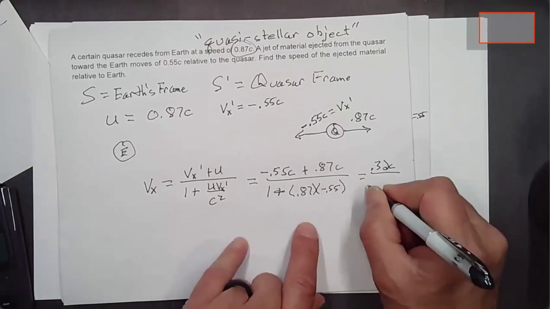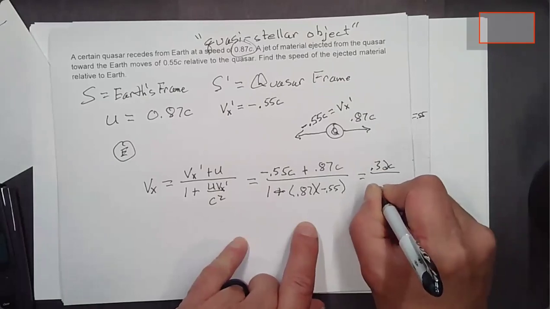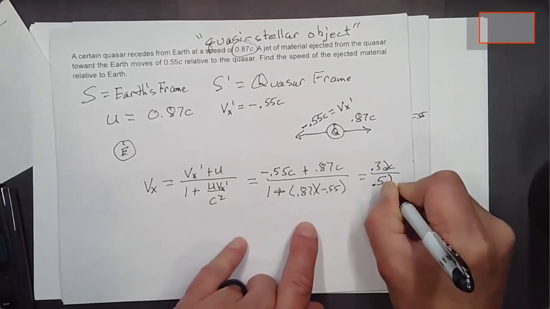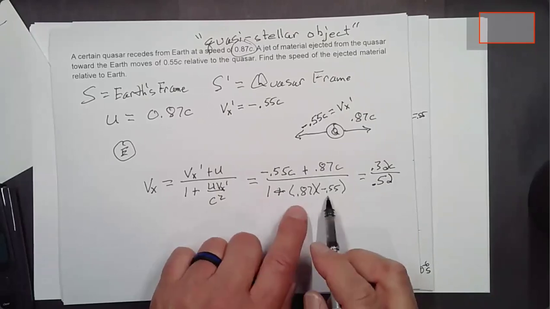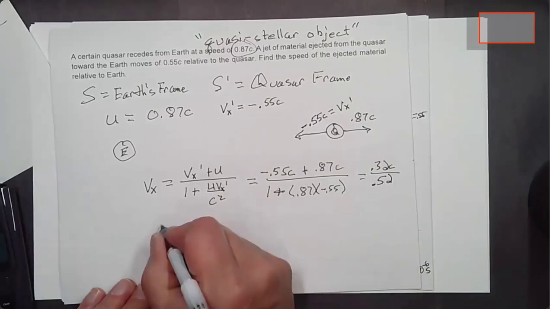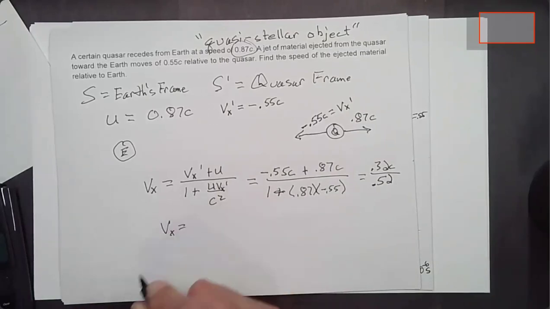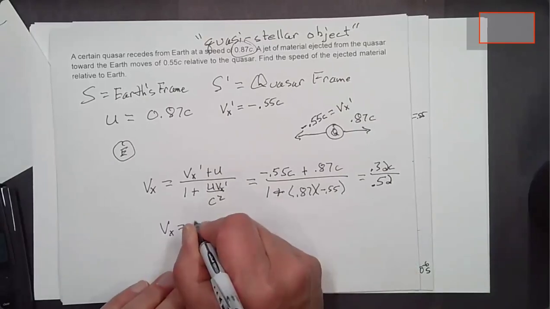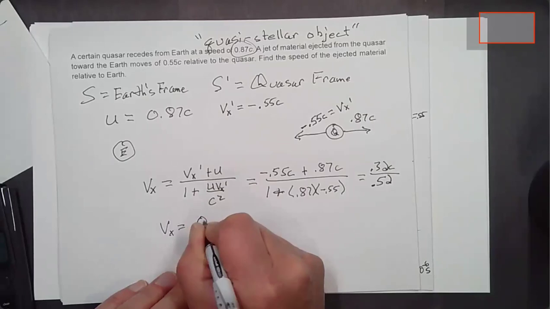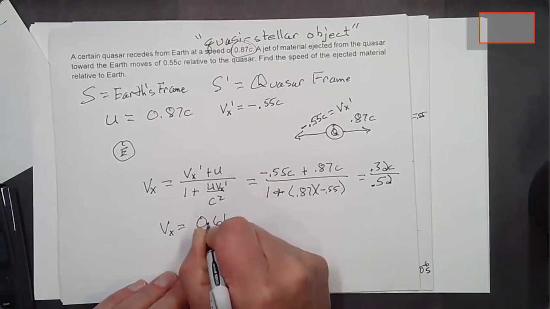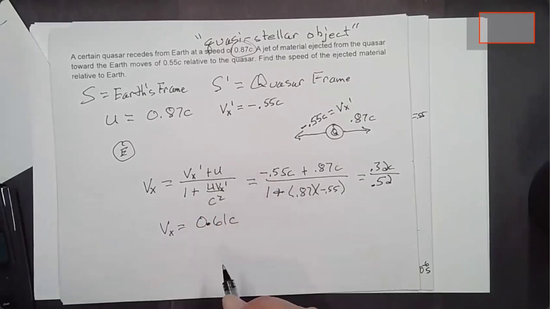Okay, on that bottom, I end up getting 0.52 when I subtract this from 1. So V sub x will end up being 0.32 divided by that answer, 0.61 times the speed of light.